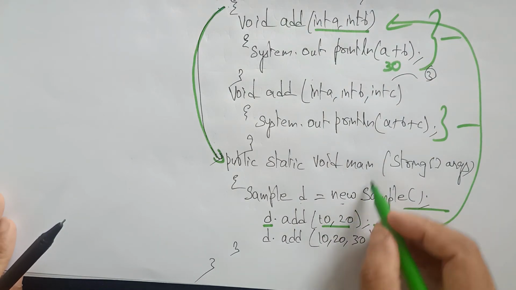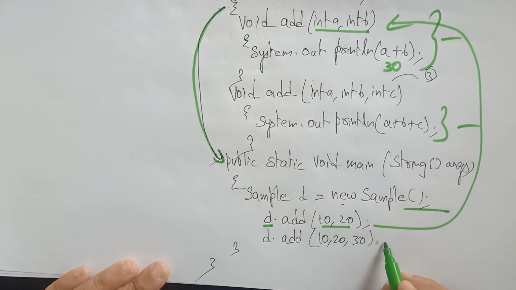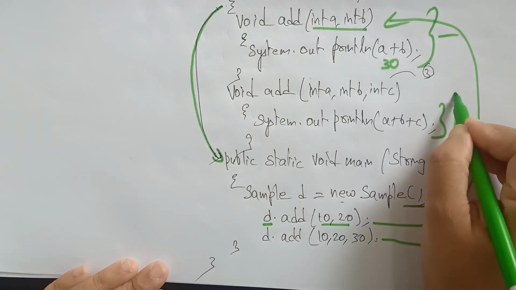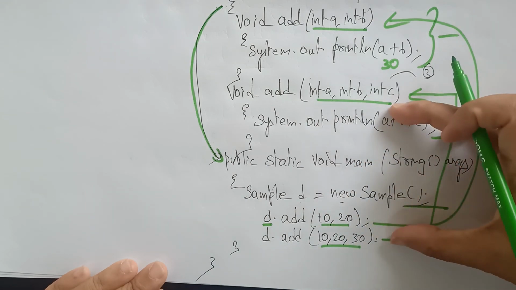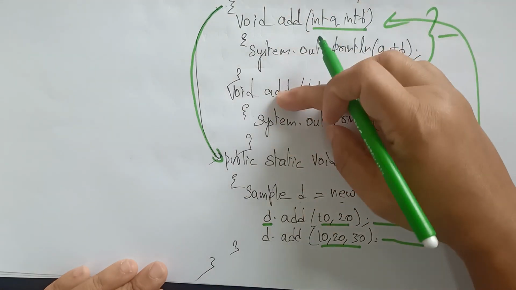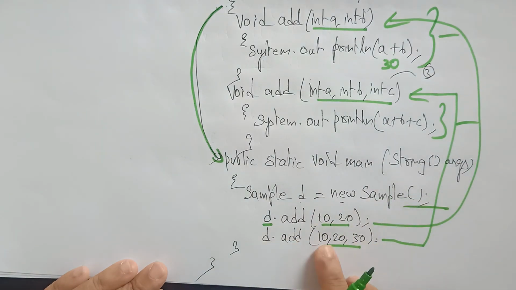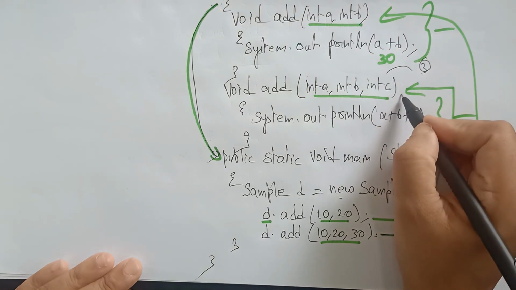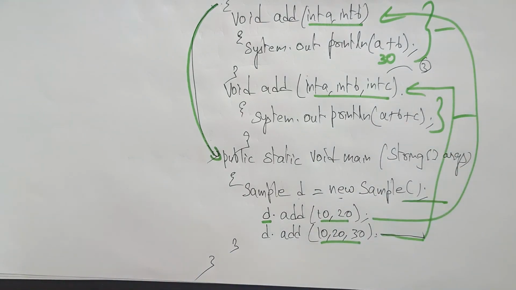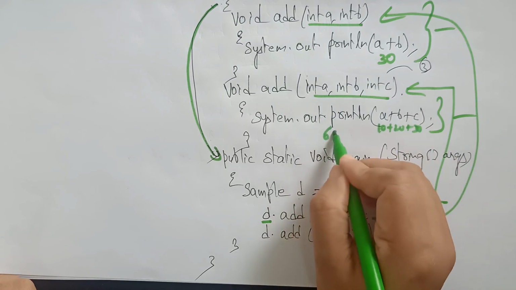Now again, next d.add(10, 20, 30). So next it comes to here, because here 3 arguments and here 3 arguments. So it matches. Same name but different parameters. By checking the different parameters, the compiler goes to here, and whatever the values are, 10 plus 20 plus 30, the value 60 is going to be printed.